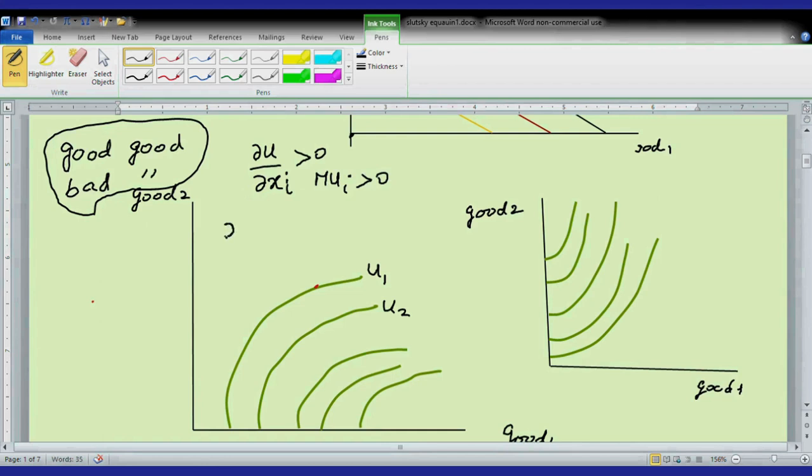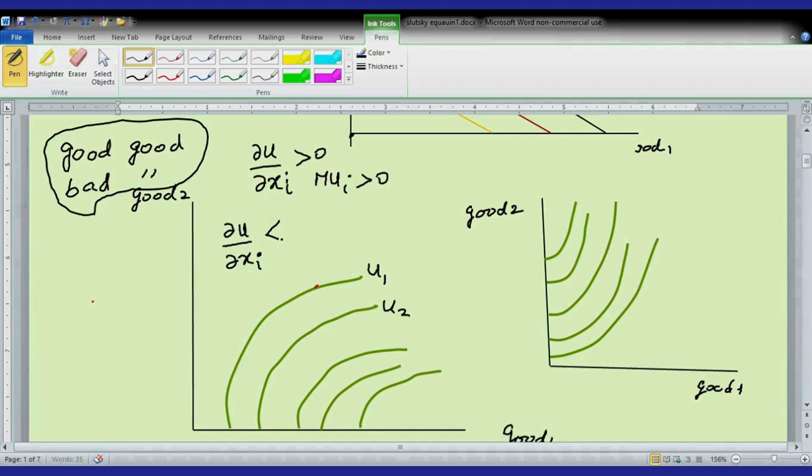You dislike to consume them, and whenever you are made to consume such goods, your utility decreases, meaning a sort of disutility is associated with the consumption of this good.